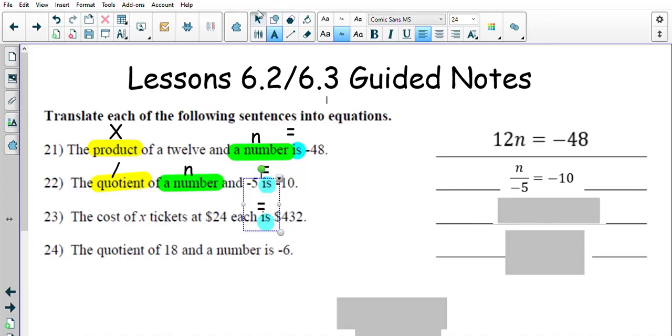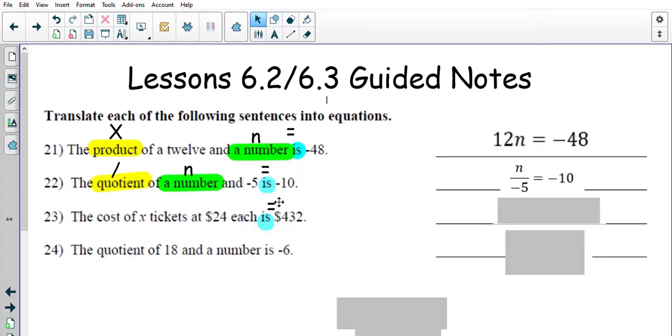Well, if each ticket costs $24, and let's say we buy 3 tickets, we would do 24 times 3 to figure out the total cost. So in this case, we want to multiply. A lot of times when you see the words each or per ticket, or per item, you're going to use multiplication. So in this case, we can write 24x equals 432. It's a little harder because there isn't specifically the word product or quotient.